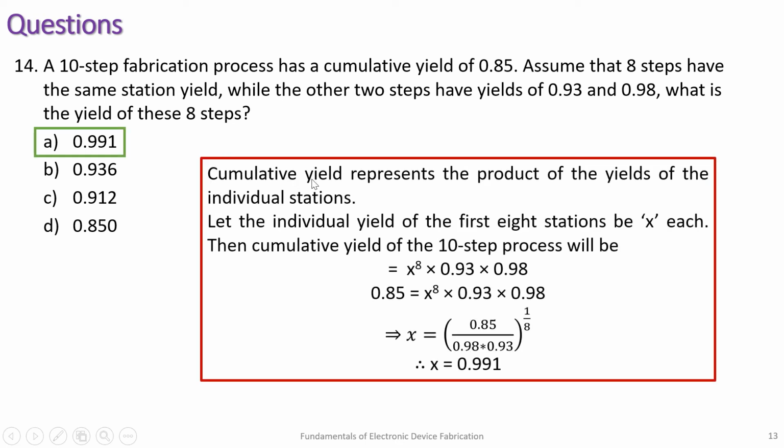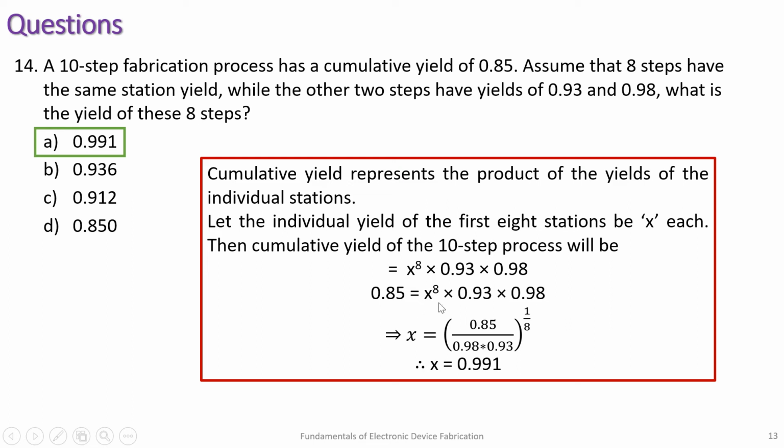Then, so cumulative yield represents the product of yields of the individual station. So suppose we are taking, as I mentioned, first 8 stations have an x yield. So it is given that they have the same yield, right? First 8 stations have same yield. Therefore, we are taking it as x. And total yield is 0.85. Therefore, we will write 0.85 = x power 8 into 0.93 into 0.98.